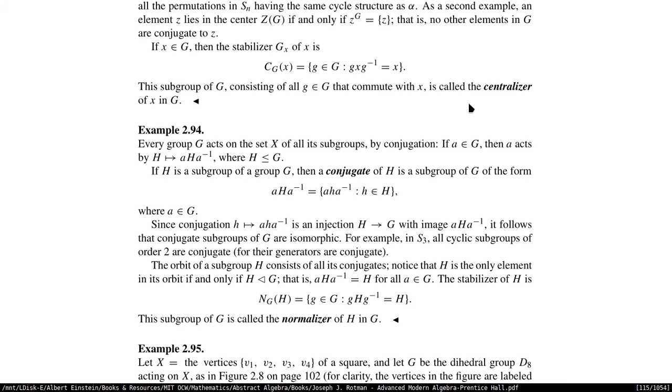Yeah, I mean, this is primarily because you can write A is a conjugate of B, right?